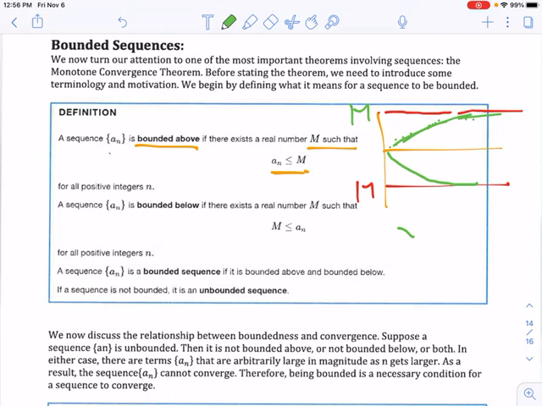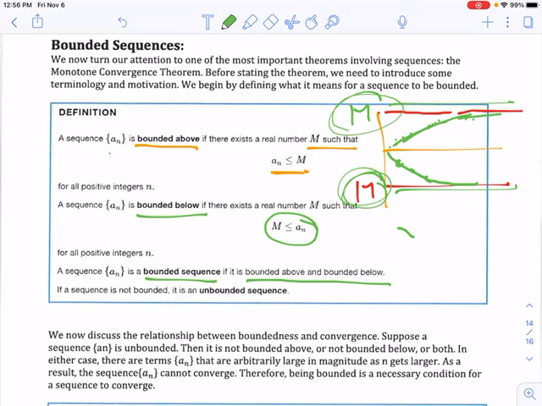So we are bounded below if m is less than or equal to the terms of the sequence. And so this is bounded above up here. It is bounded below down here. And so if it's bounded above and bounded below, we say it is bounded. It has to be bounded above and bounded below.